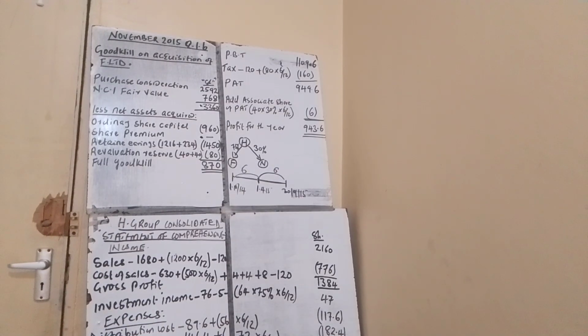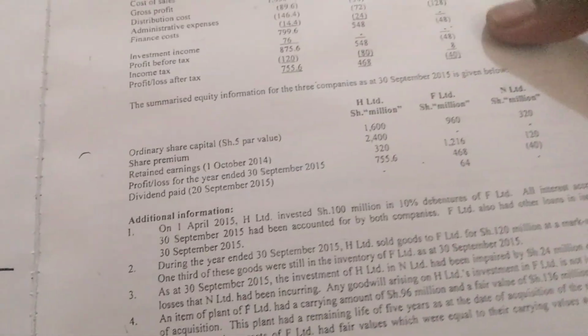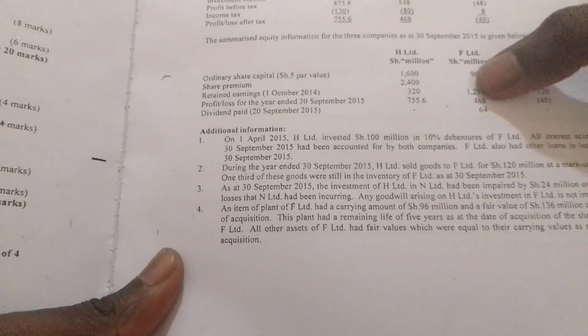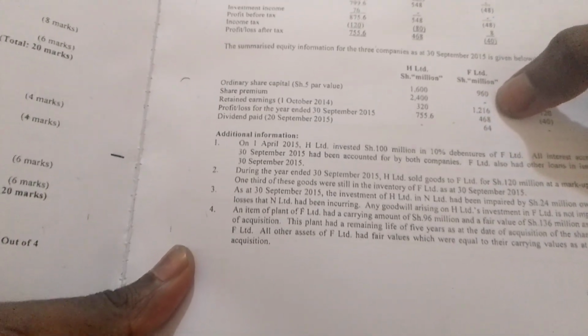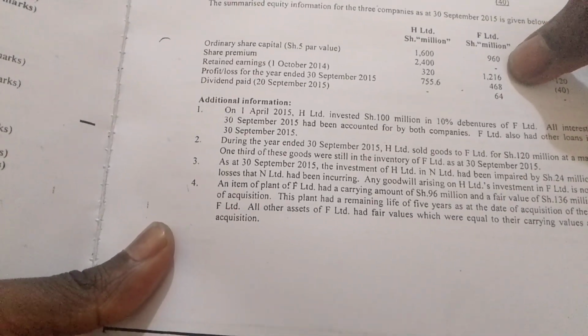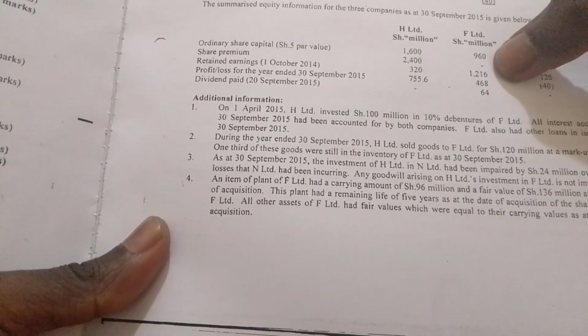Now 960 is the ordinary share capital of what we are acquiring. 960 is here, you can see 960. This is what we are acquiring here. The ordinary share capital of F is 960.